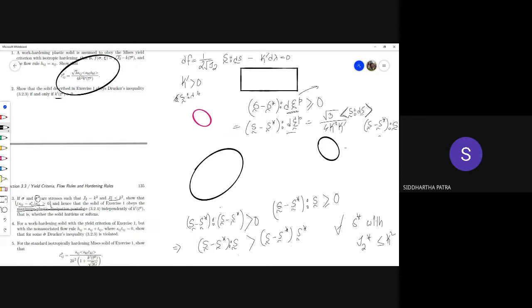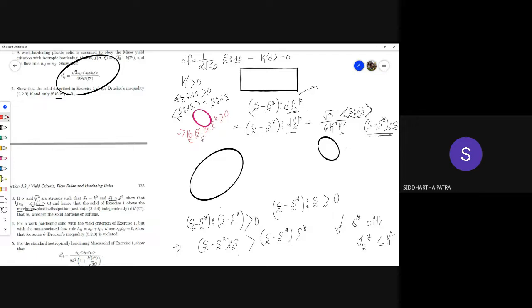S inner product dS would be greater than 0, which would mean this quantity would be the same as S inner product dS, and since this quantity is also greater than 0 and k prime is greater than 0, then this whole quantity, which is what we are trying to prove, is greater than 0.